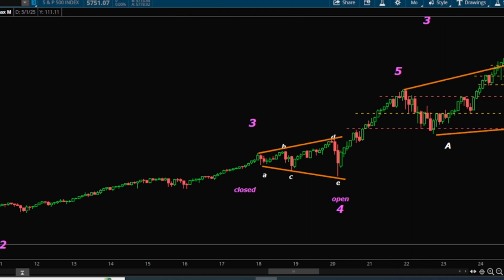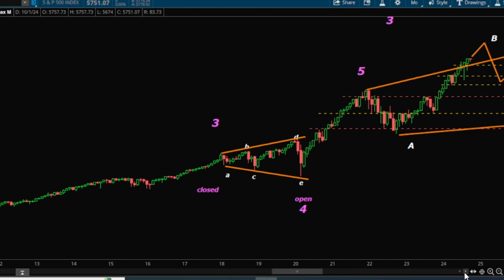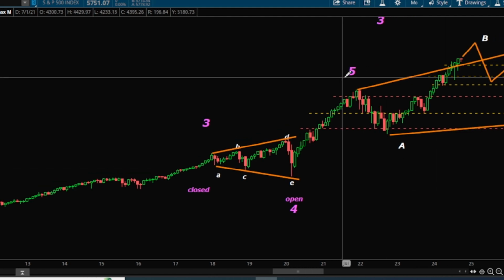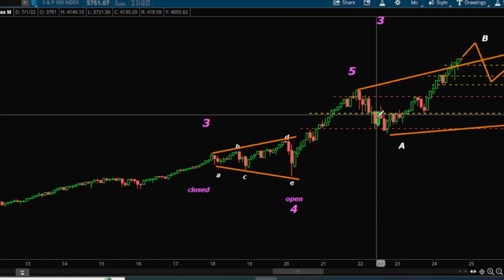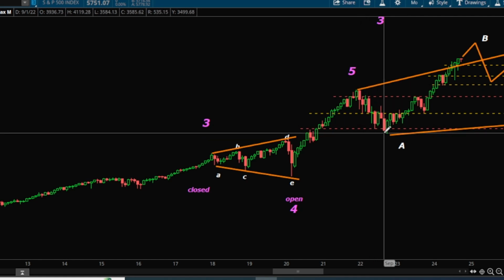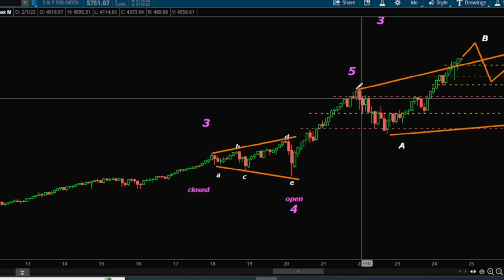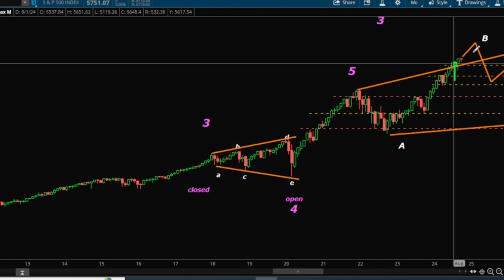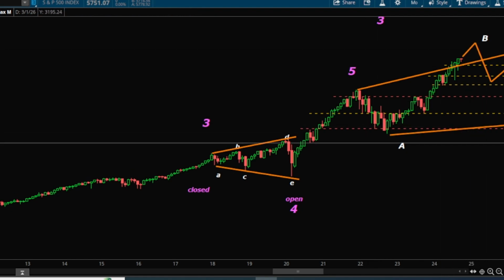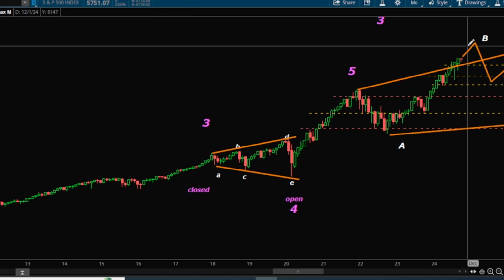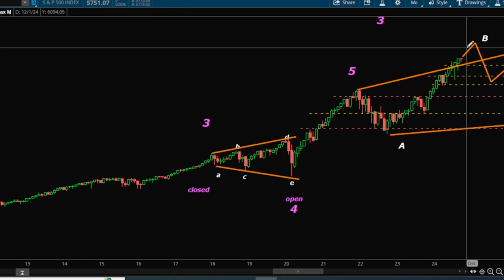I don't do that. We'll just label 5 here then. If that's the case, if this is 5 and we've started the correction already, that means we've already had A, and we're up in B, and we're still turning to find C. Okay, so either way it goes for me, the turn is coming, or it's already started.